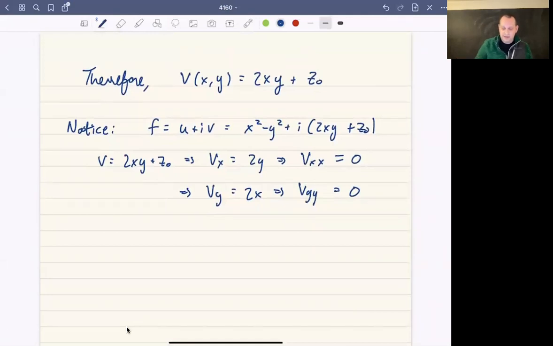And I also just want to point out, just in case it's not obvious, that f of x, y, or f of z, if you like, is really just the function z squared plus some constant. And we know, of course, that z squared is holomorphic everywhere. We know how to calculate its derivative.